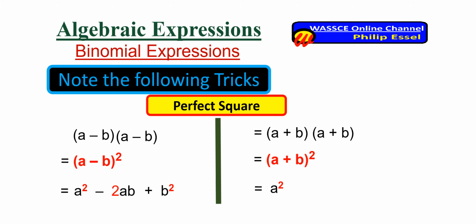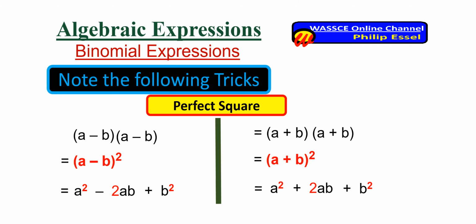When we do this, we would get positive 2ab. Finally, we would take the square of the second term. The second term is positive b. The square of positive b will be positive b squared.